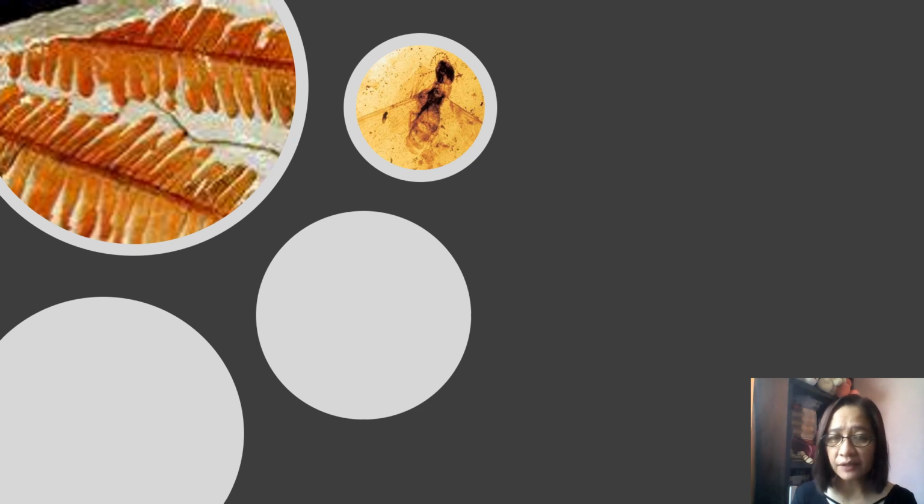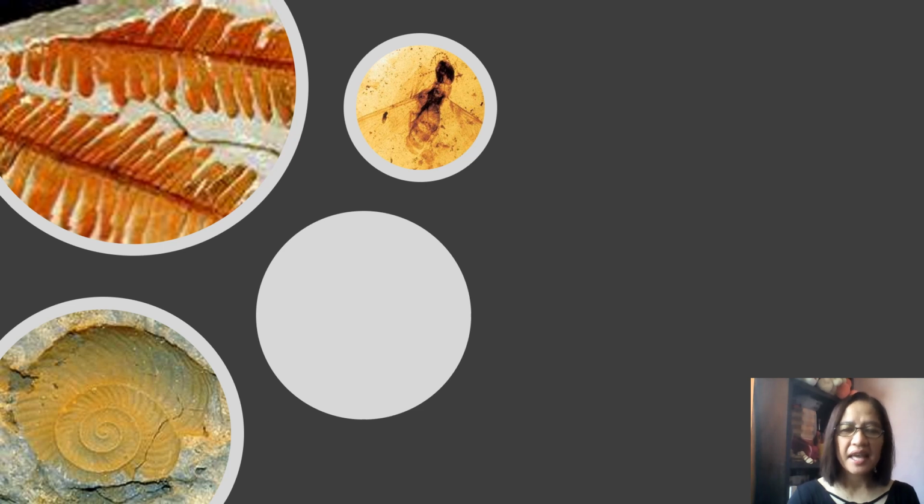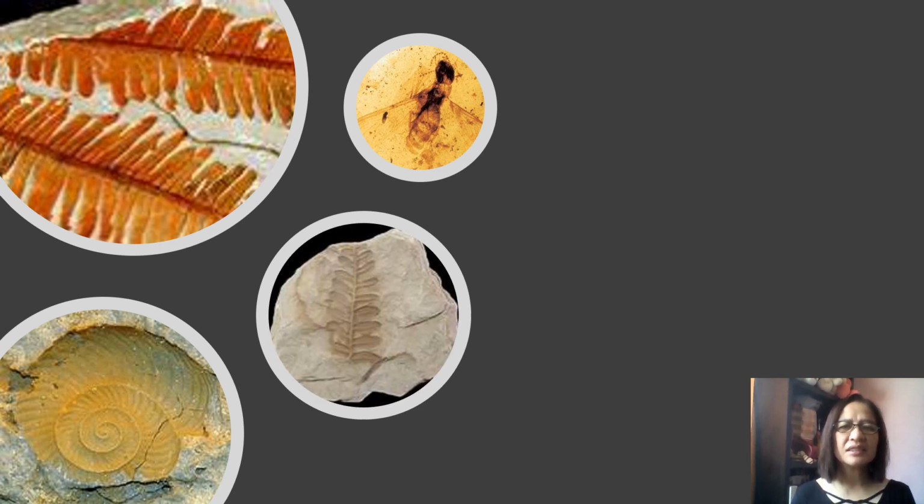Pero na-identify natin kasi may naiwan na organic materials. How about this picture? And this picture? Okay. Shallow external molds left by an organism with little or no organic materials left.